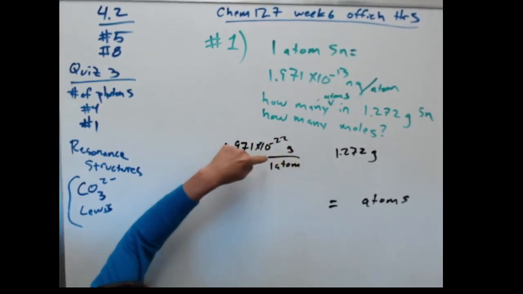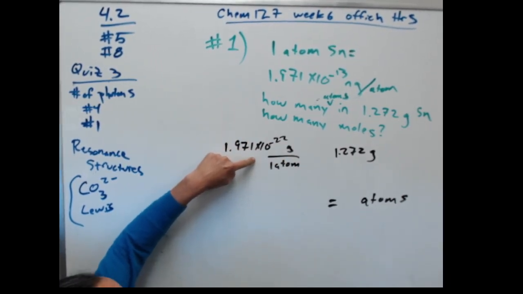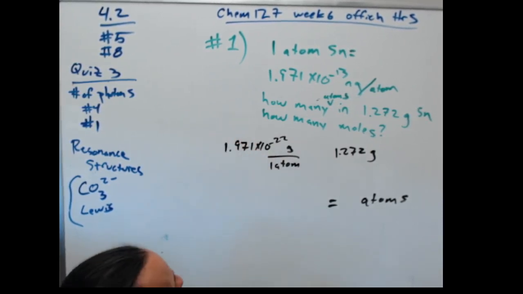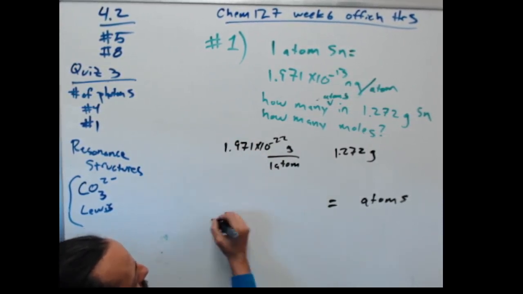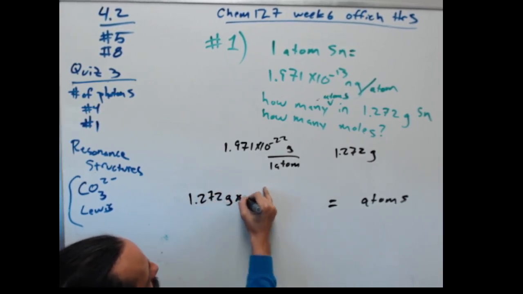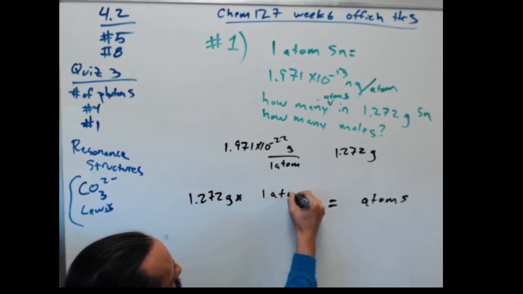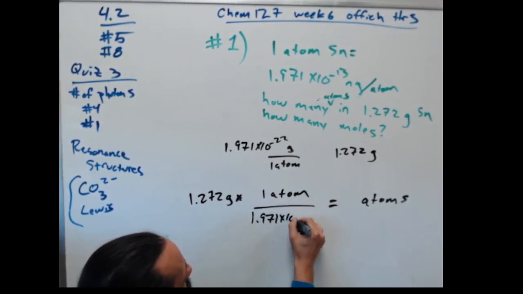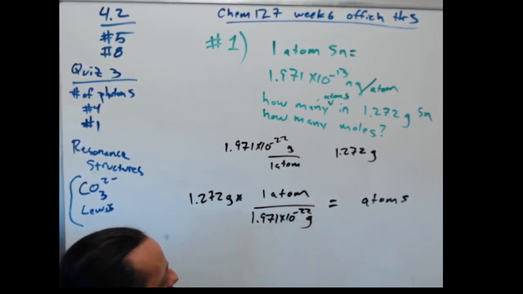There's no atoms in this one. Atoms is on the bottom with this one. So what do I have to do? I'm going to have this inverted. So I'm going to have 1.272 grams times 1 atom for 1.971 times 10 to the minus 22 grams.